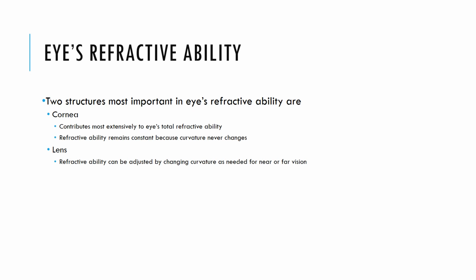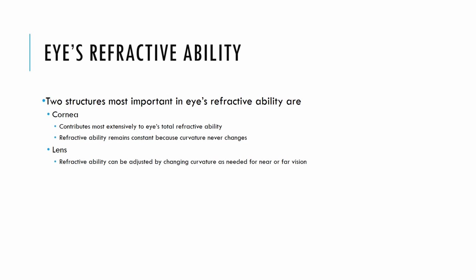However, the lens is going to adjust its curvature as it needs for near or far vision. And so this is due to the fact that it's composed of layers of living cells that are normally completely clear. However, it is avascular and has a low cellular metabolism that's in anaerobic conditions.